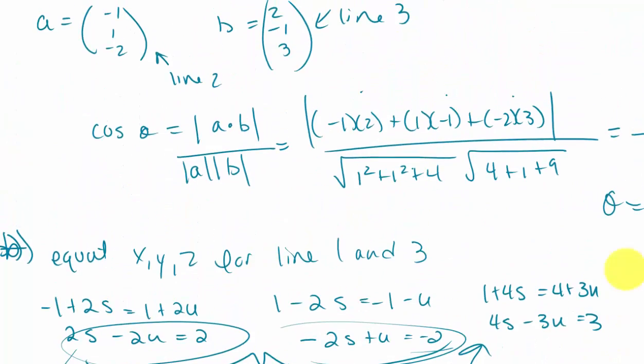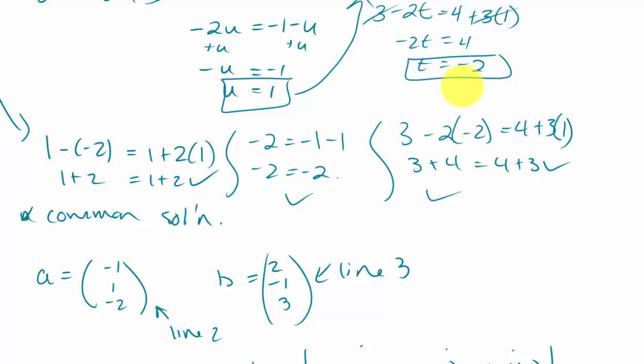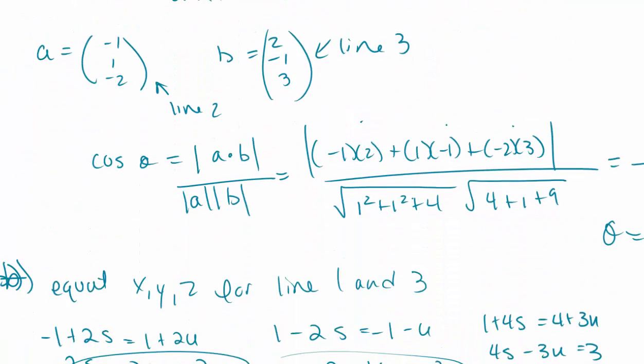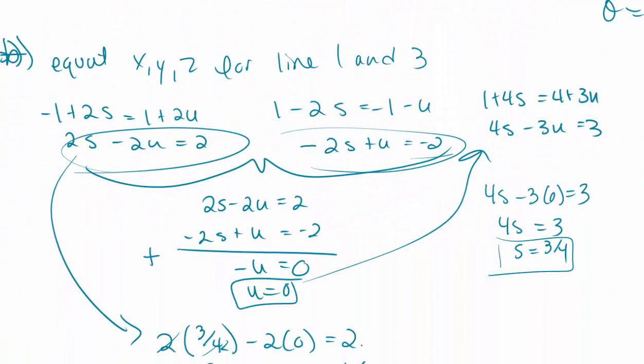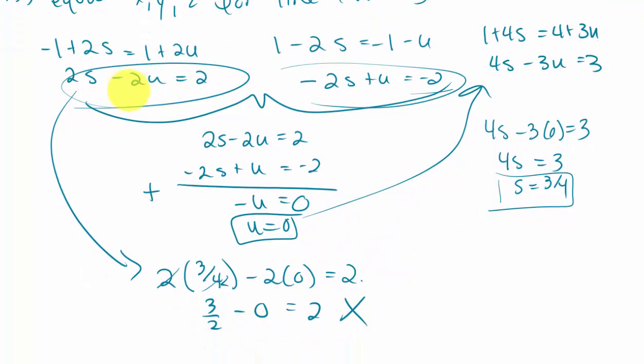Before, in this other example, when we found our t value, we then plugged u and t back in, and we equated and saw that both sides were equivalent. But this time, it's not working. We found our u, we plugged it into the z component, and we found s. Then with our u and our s, we're checking to see if the left side equals the right-hand side, and I went back to the x component. Now you can plug them in wherever you want, but you need to check all three of them.